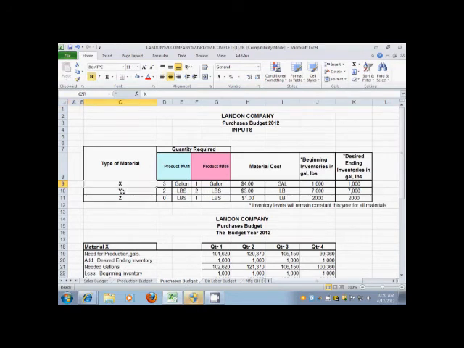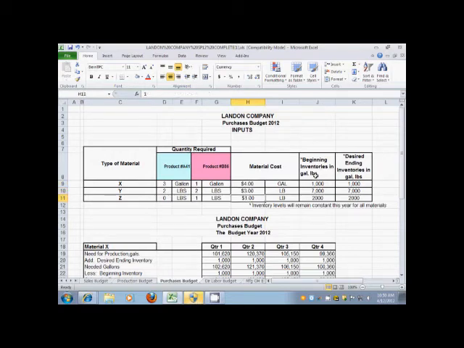Production is going to tell us how much each type of product requires in terms of these three materials. For example, A41 requires 3 gallons of material X, 2 pounds of material Y, and has no requirements in terms of material Z. Over here in the input section, we also have the prices and the beginning and ending inventories.